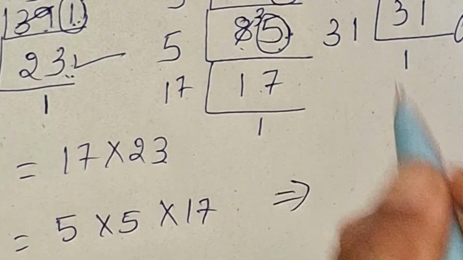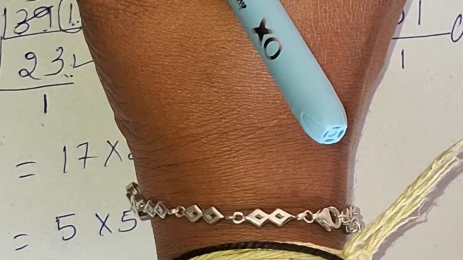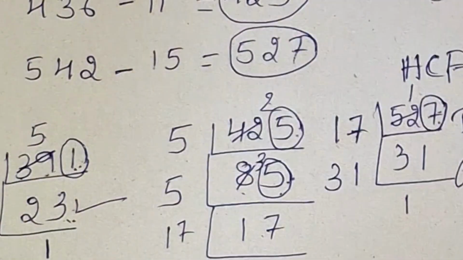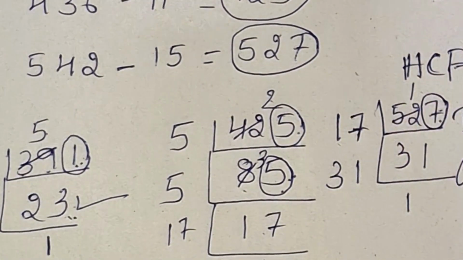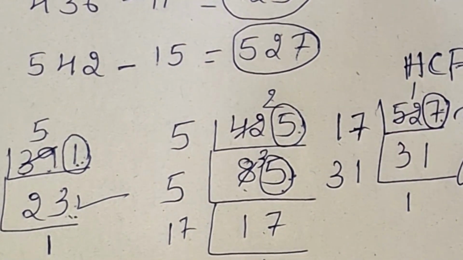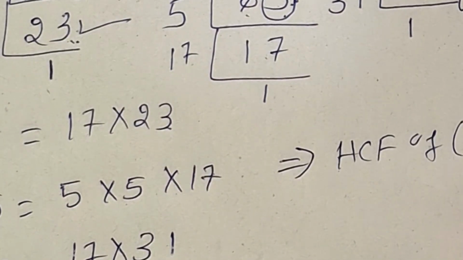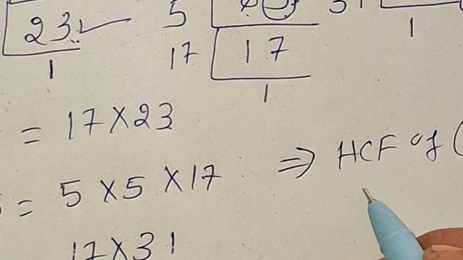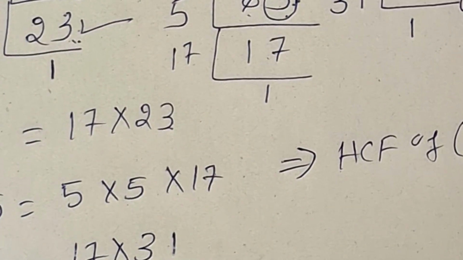Then we find the largest number that will divide 398, 436 and 542, leaving remainder 7, 11 and 15 respectively. How to find it? Using the HCF of 391, 425 and 527. By definition, HCF is the smallest power of each common prime factor.